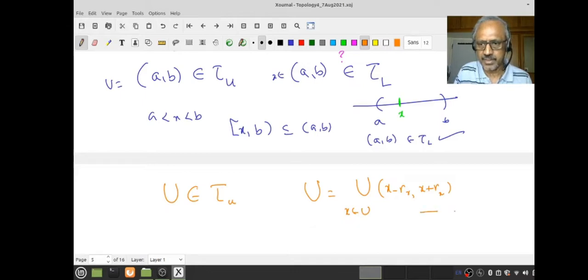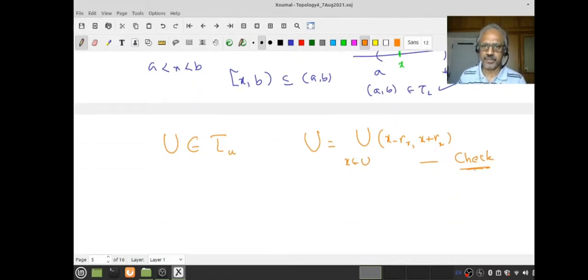Do you understand this? Please check. This is why I asked you to review arbitrary union and intersection of a family of subsets, so that you should be comfortable. Don't take it for granted. I hope you had understood, but check it again.